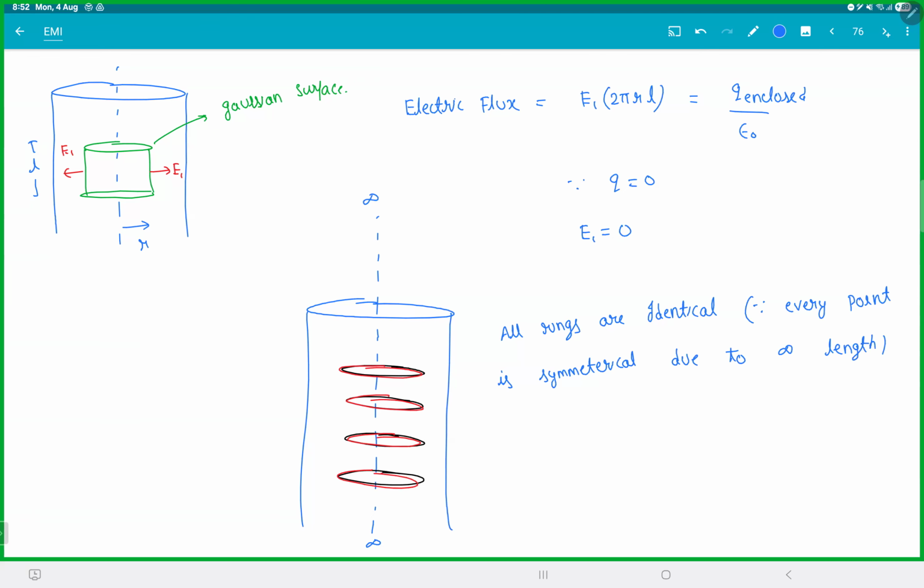If all are identical, that means all have the same potential. Therefore, all the rings are equipotential.